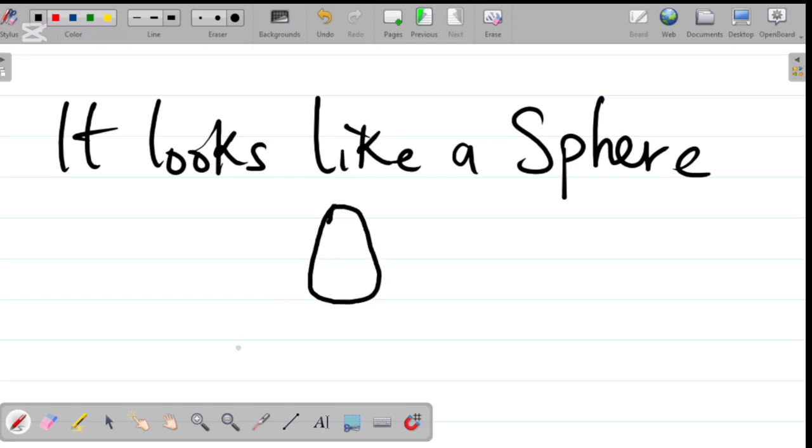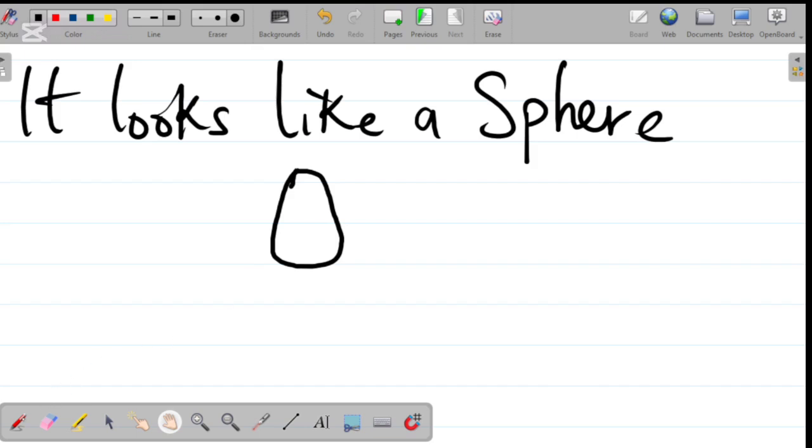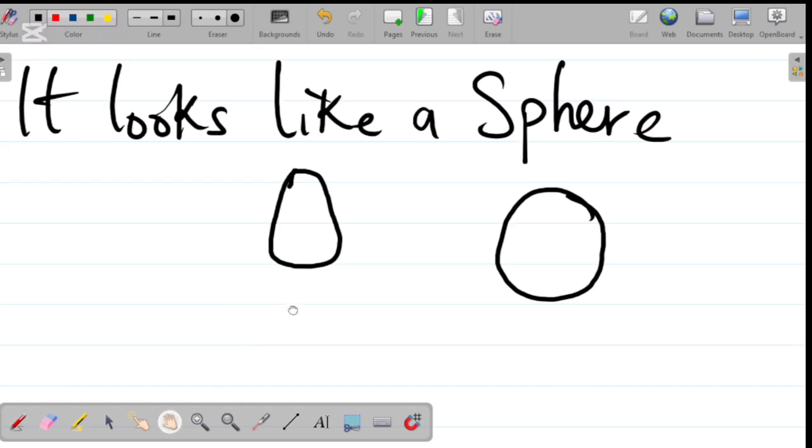A sphere. But if you look at it from the top, it would look like a circle.